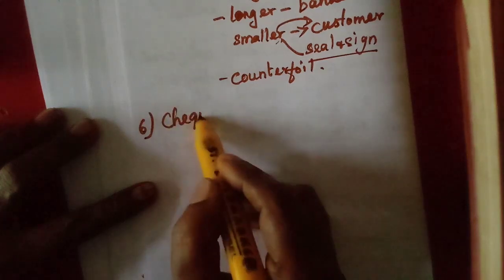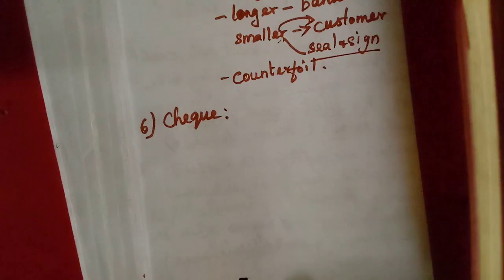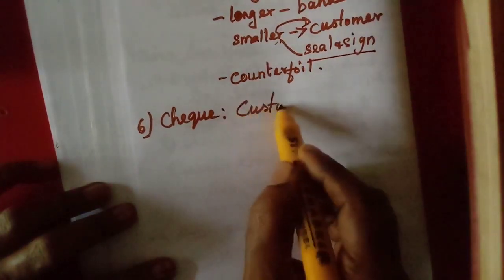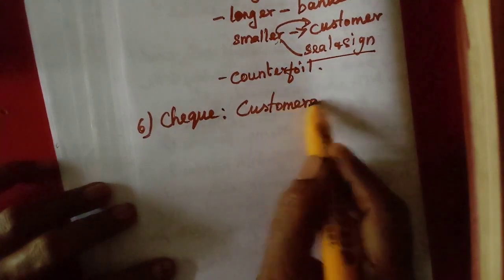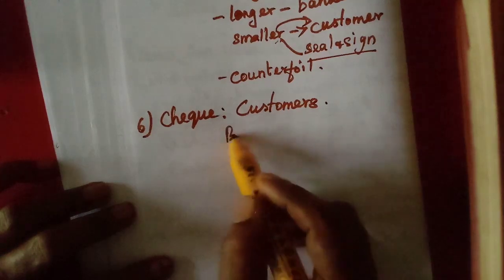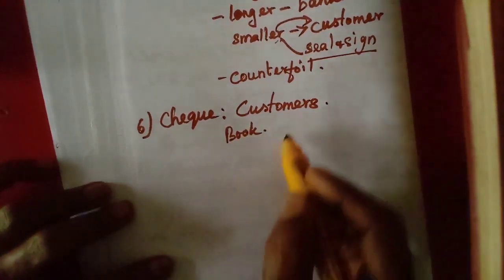Everybody knows this, isn't it? A check is issued by the bank to its customers as per their demand. If they demand, they will give us a checkbook, around 25 or 50 leaves.